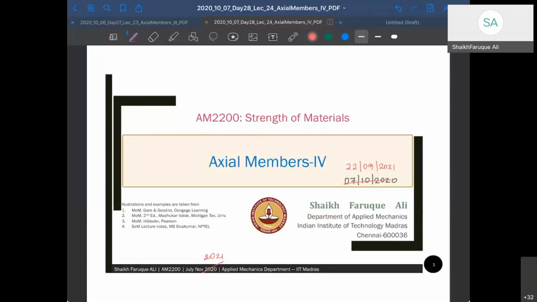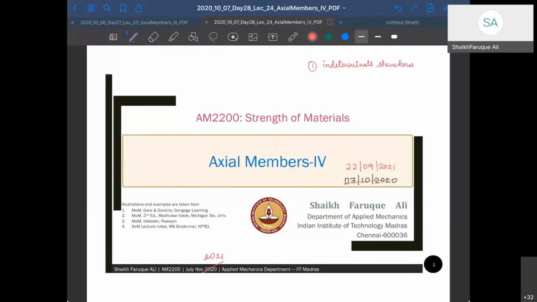Three things to cover. One is what happens when you have indeterminate structures. So we will cover indeterminate structures. Okay.